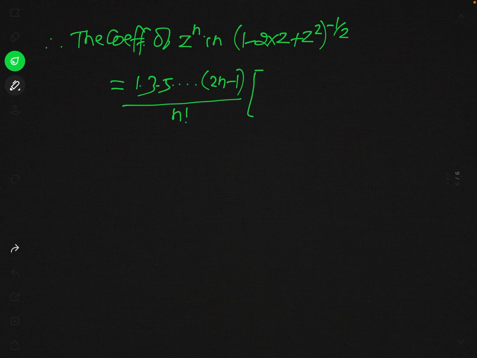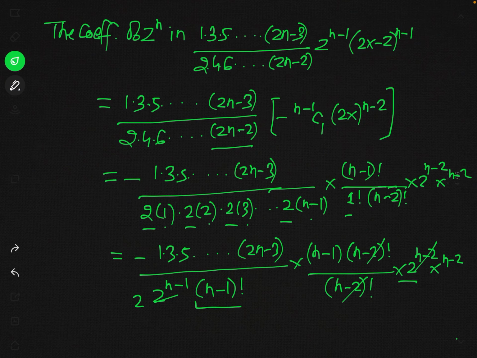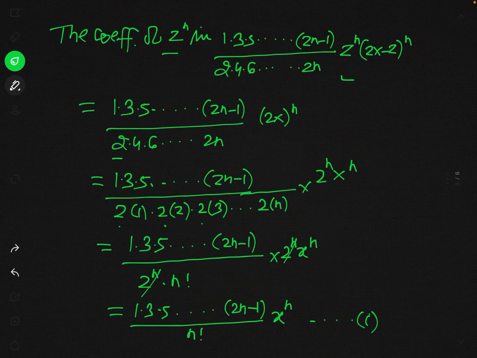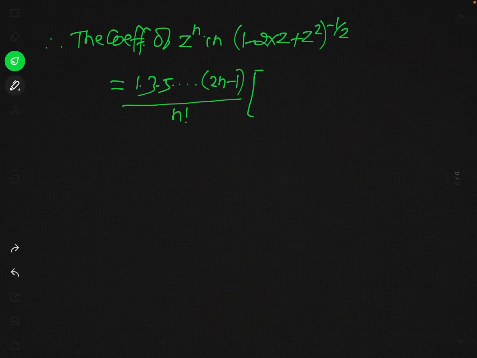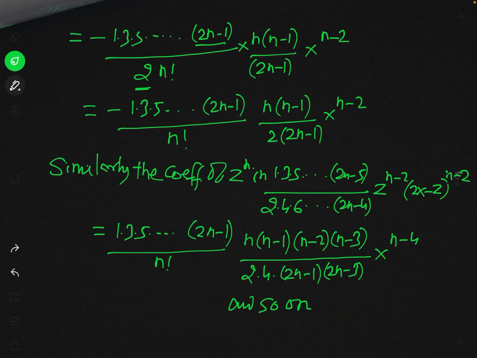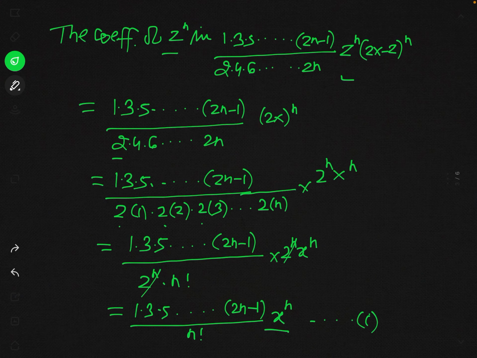Actually you can see this is a common factor in all terms of the coefficient of z to the power n. So I have taken it as a common factor, and you can see in the nth term actually here only remains x to the power n. nth टर्म में केवल x to the power n आपको बच जाता है, आप उसको यहाँ पर लिख देंगे.